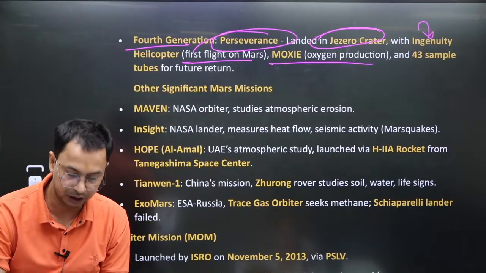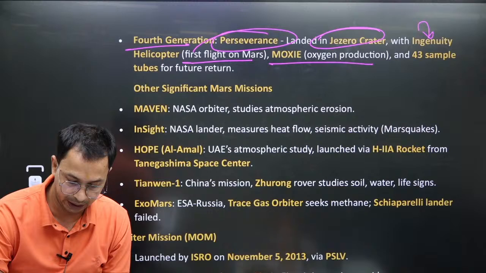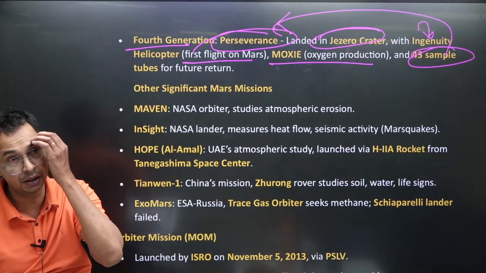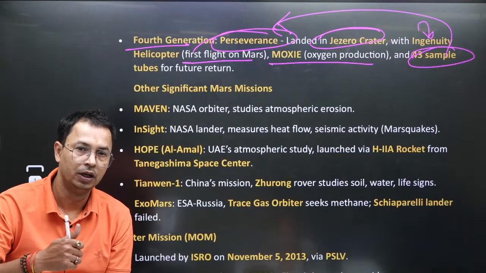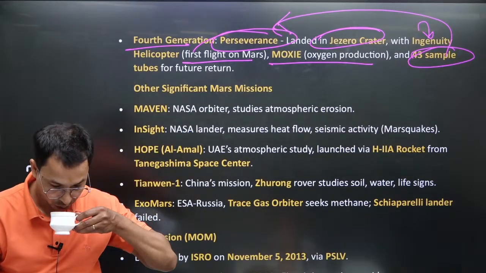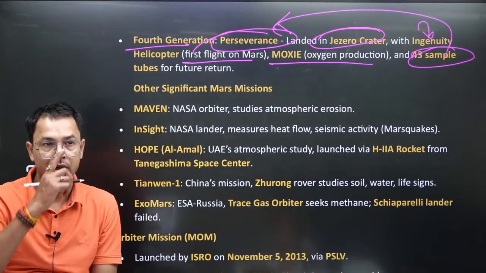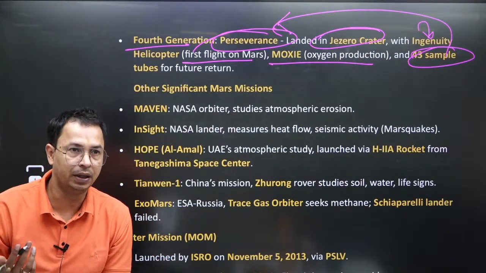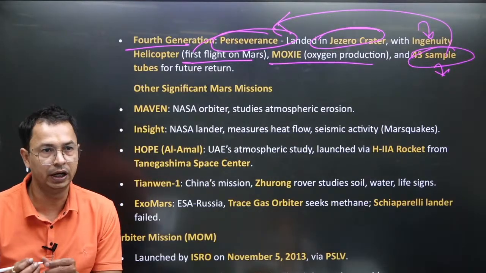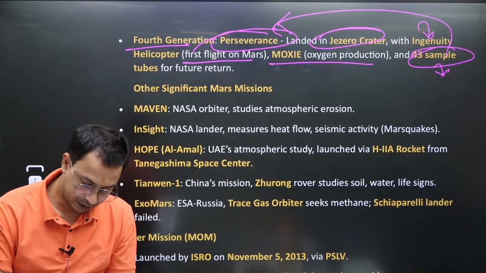MOXIE converted carbon dioxide into oxygen, and this Perseverance rover also has 43 titanium test tubes. In these 43 titanium test tubes, Perseverance rover will collect samples from Mars, and in 2028 NASA has planned a sample return mission from Mars, and the samples will be from these 43 test tubes.